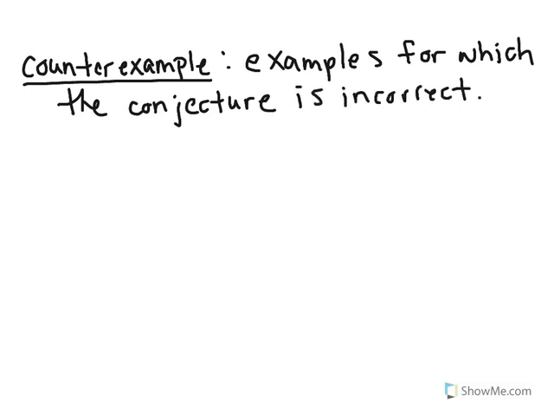So basically what a counterexample is doing is you're trying to prove that the conjecture that somebody else stated isn't right all the time. At least one place that you know of, the conjecture fails. So let's take a conjecture to start with. We'll do this in blue.